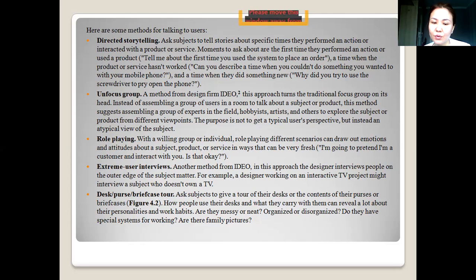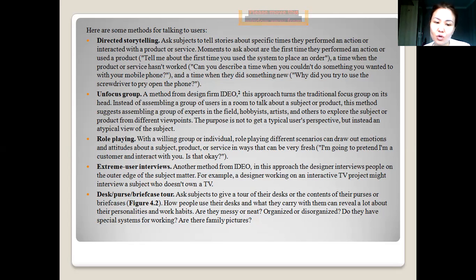Extreme user interview: another method of IDEO. In this approach, the designers interview people on the outer edge of the subject matter. For example, a designer working on an interactive TV project might interview a subject who doesn't own a TV.